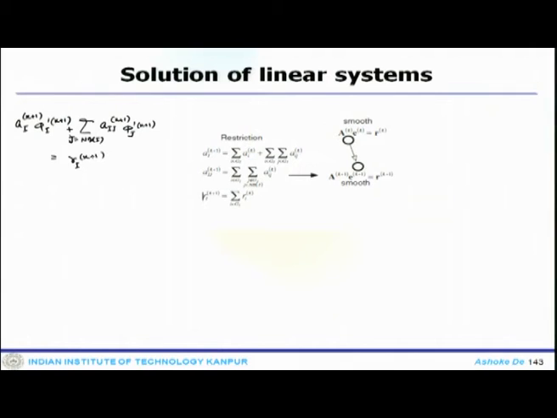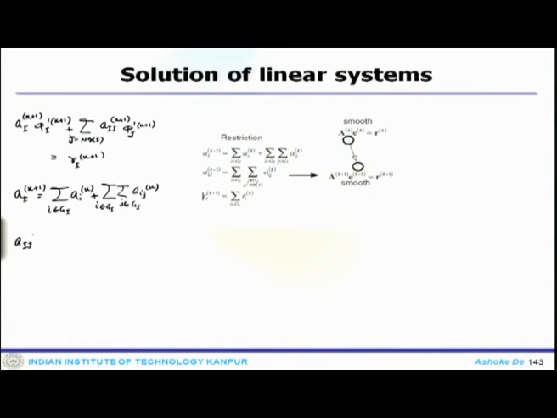So, here A_ii^(k+1) is nothing but i belongs to G_i, A_ii^k plus summation of i belongs to G_i, summation of small j belongs to G_i, A_ij^k.